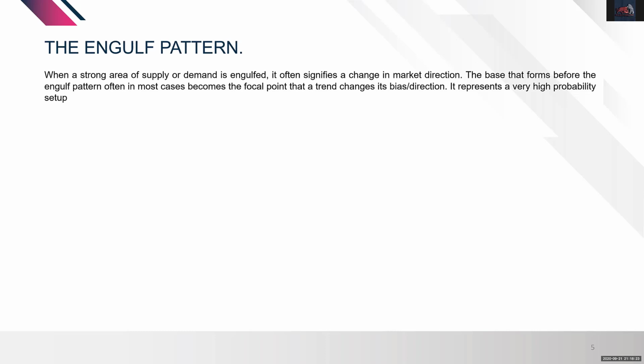The base that forms before the engulfing pattern, in most cases, becomes the focal point where a trend changes its bias or direction. So this area is going to represent a very high probability setup. It means from this area that has been engulfed, there's going to be a whole lot of chance for you to trade from that area.